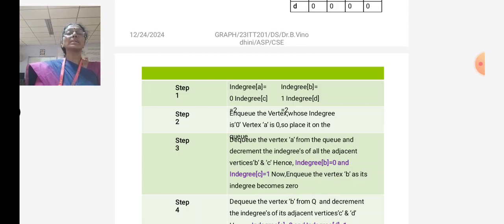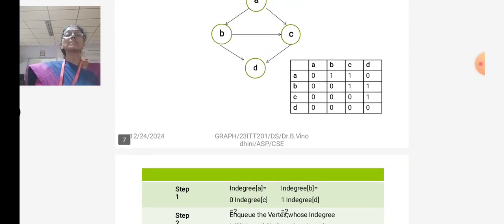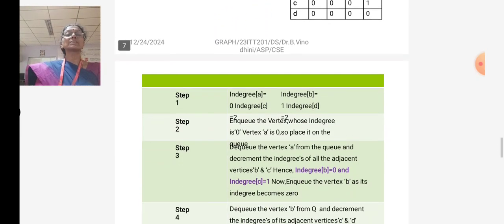After enqueuing, you dequeue the vertex A from the queue and decrement the indegree of all its adjacent vertices. The adjacent of A are B and C, so the B and C indegrees are decremented. B becomes 0 and C becomes 1.